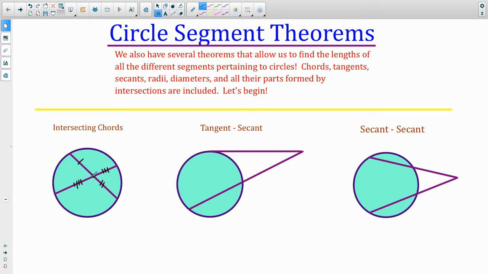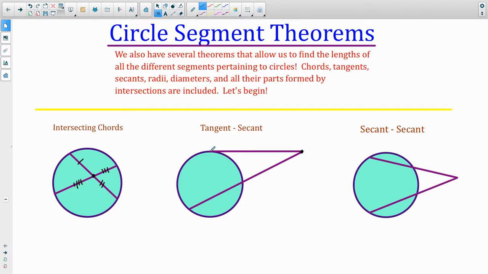However, at the point of intersection, they were broken into parts. So you can see we really have 1, 2, 3, 4 parts that we're going to refer to in the intersecting chord theorems.